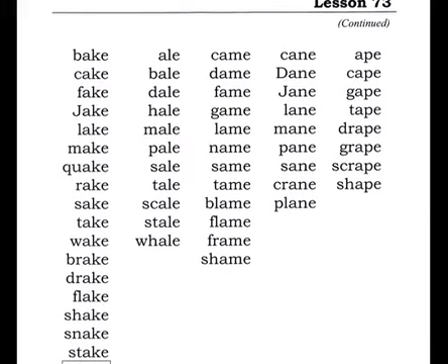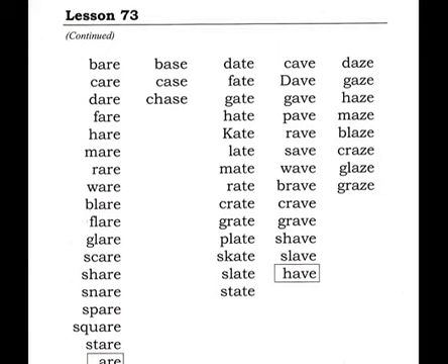Now, that is the primary way that we spell long A. And incidentally, after we give you those words in that spelling family, we give you in lesson 74 sentences with all of those words. By the way, in lesson 73, in the cave, Dave, gave family, at the bottom you have H-A-V-E.